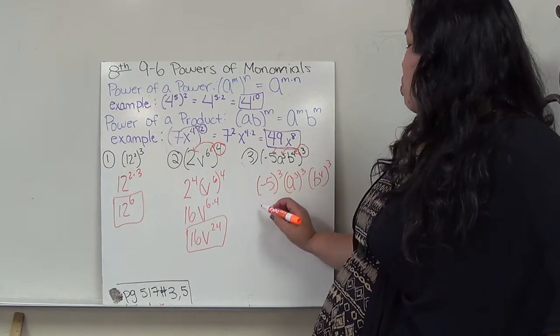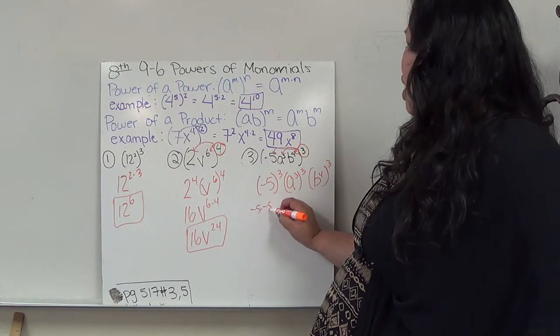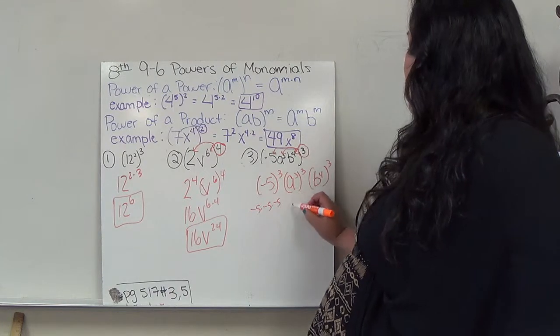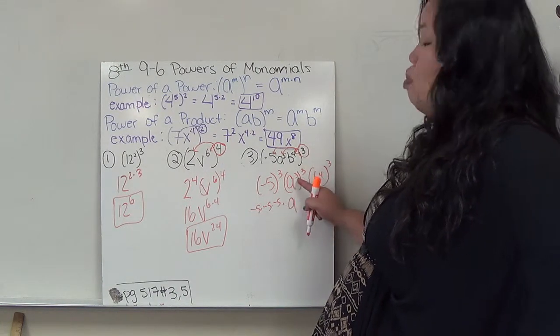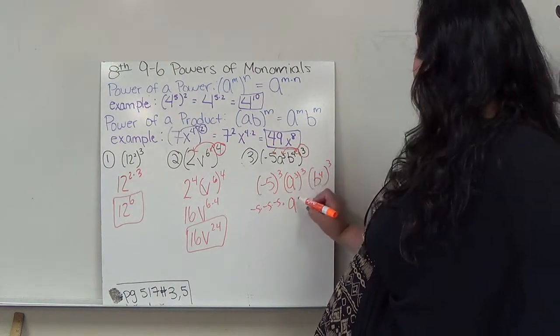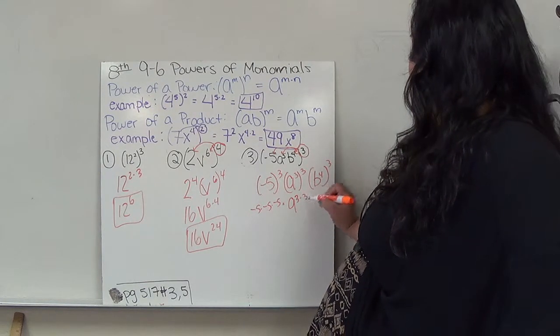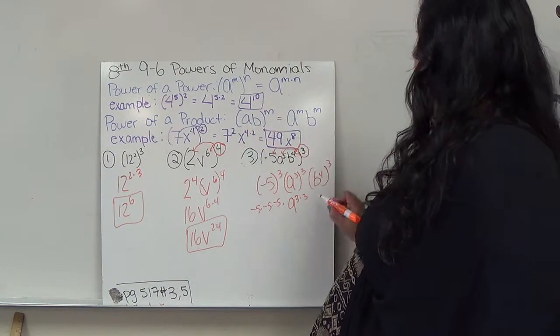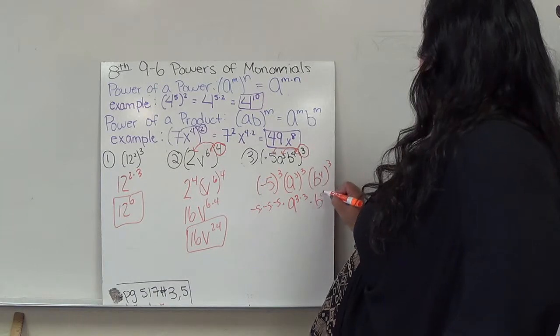So this would be -5 times -5 times -5, times a to the 3 times 3, and again, power of a power, times b to the 4 times 3.